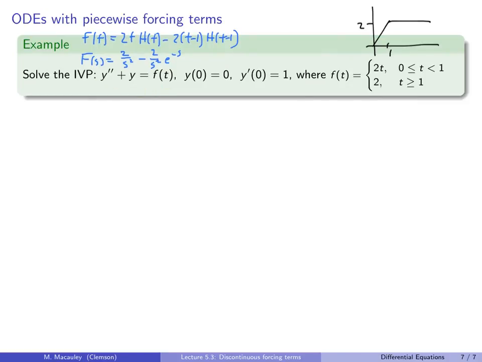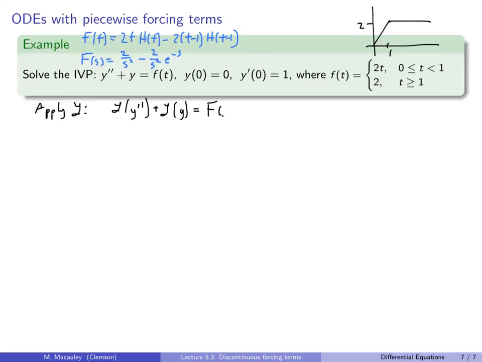Okay, so now the first thing to do is to compute the Laplace transform of both sides of this equation. So let's apply L to both sides, and we get the Laplace transform of y double prime plus the Laplace transform of y equals the Laplace transform of the forcing term.